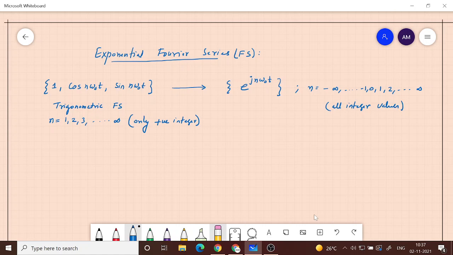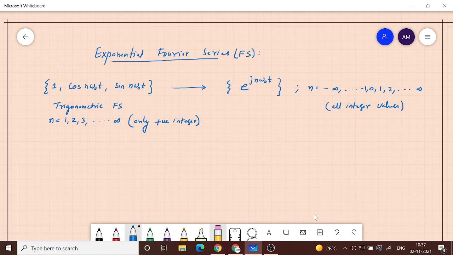Again, you can see the fundamental frequency when n equals 1, and a constant when n equals 0, since e raised to 0 is 1. So 1 is already there, and e raised to j omega 0 t is cos omega 0 t plus j sin omega 0 t.